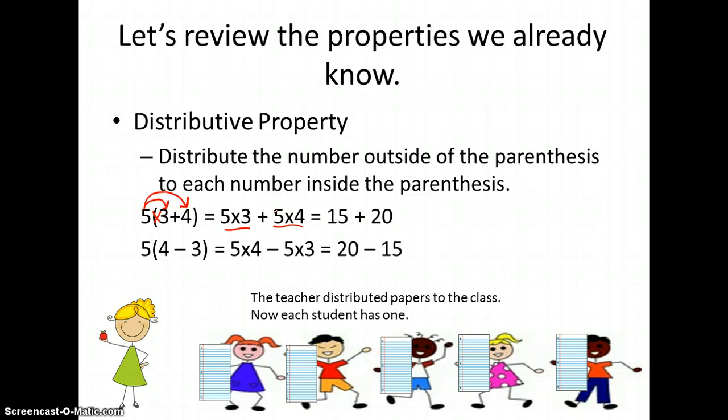I can do this with subtraction as well. I simply distribute the number outside the parentheses to each number inside the parentheses, and I would get 5 times 4 minus 5 times 3, or 20 minus 15, which equals 5.